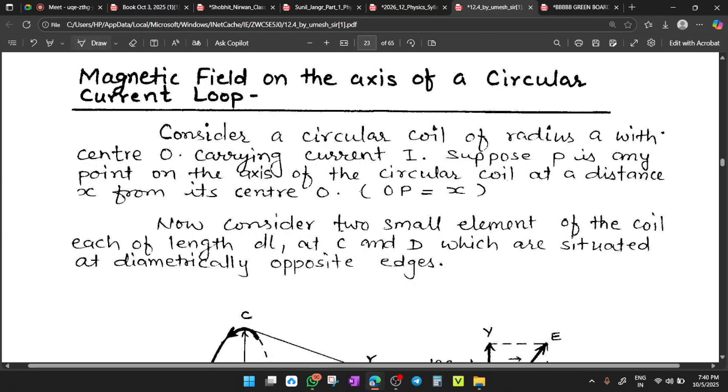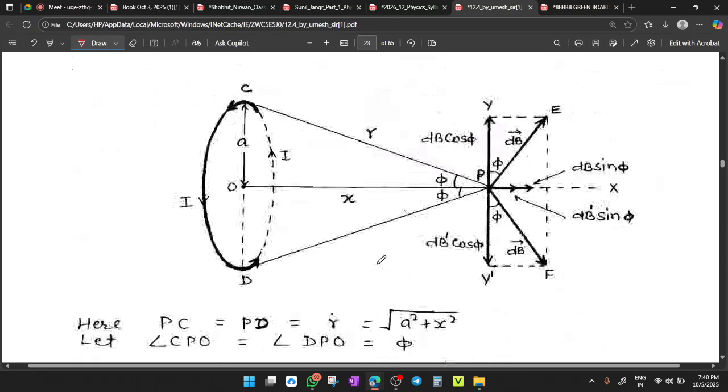So the derivation is the magnetic field on the axis of a circular current loop. This is the diagram. This is the front face and this is the backward face.